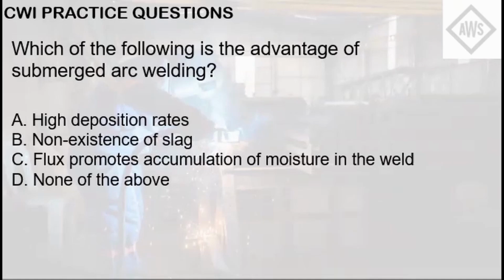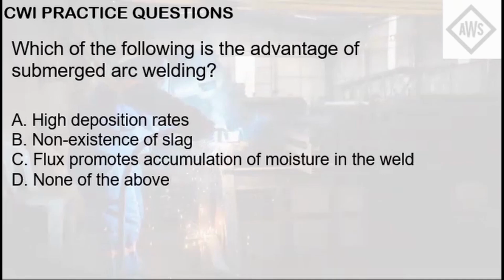Flux basically prevents moisture from getting into the weld, that's why it's covering it. But the one advantage of submerged arc welding is high deposition rates. If you want high deposition, you want to fill that metal in, if it's very thick, like a 20-inch or even 60-inch metal.